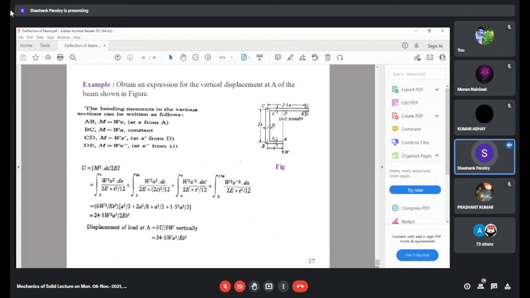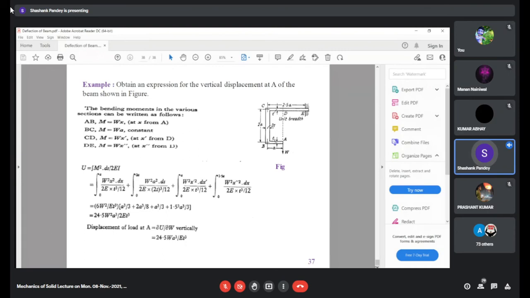For portion C to D it is 0 to A, sorry, and for portion D to E we have 0 to 1.5A as the limit. On integrating and putting in the corresponding values of X, we end with this quantity, that is 24.5 W square A cube upon 2EI. So this is about the strain energy.